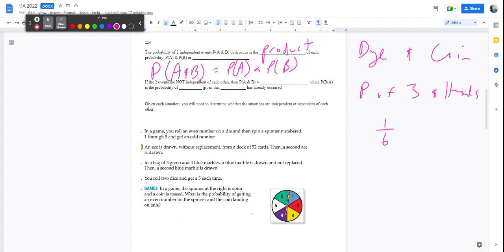So the probability of rolling a 3 is 1 out of 6. If we flip a coin, the probability of heads is 1/2. So the probability of rolling a 3 and flipping heads is 1/6 times 1/2, which is 1/12.